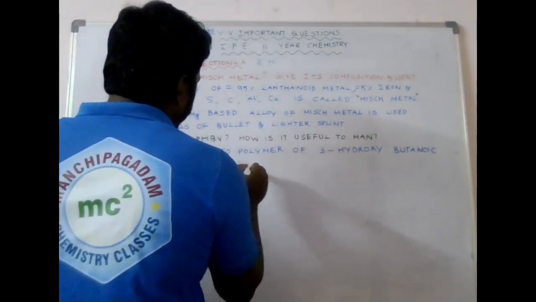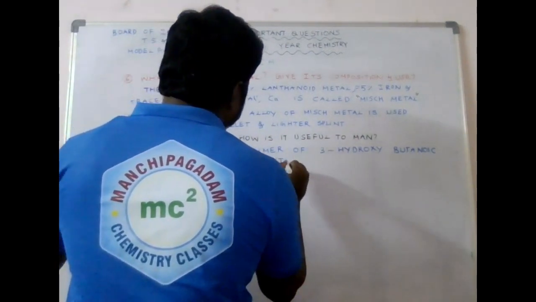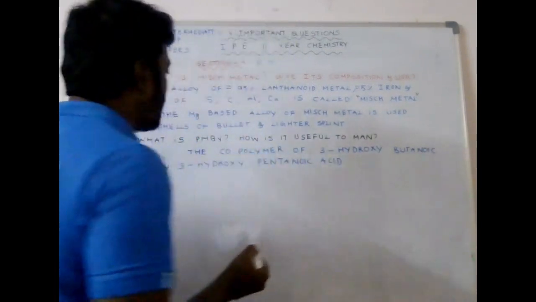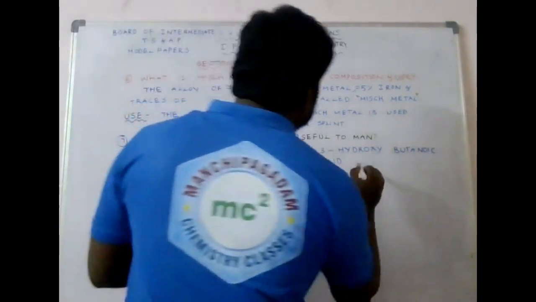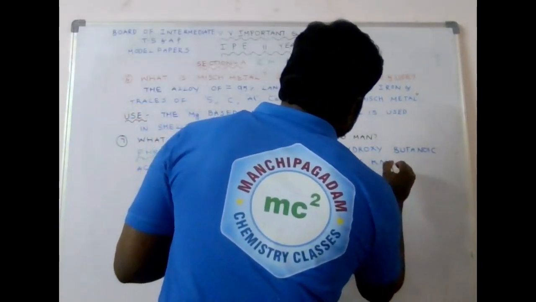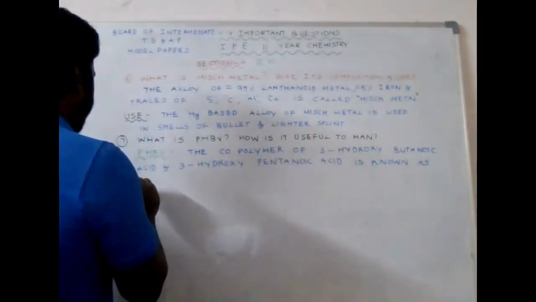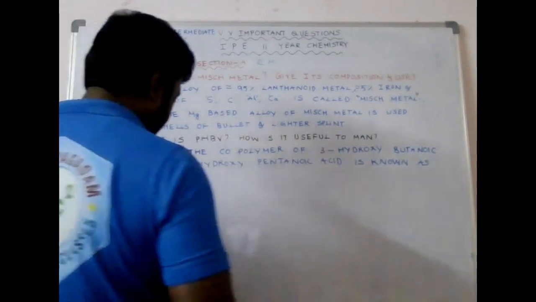Butanoic means it contains 4 carbons and one more with 5 carbons means pentanoic acid. So the copolymer of 3-hydroxy butanoic acid and 3-hydroxy pentanoic acid is known as PHBV.